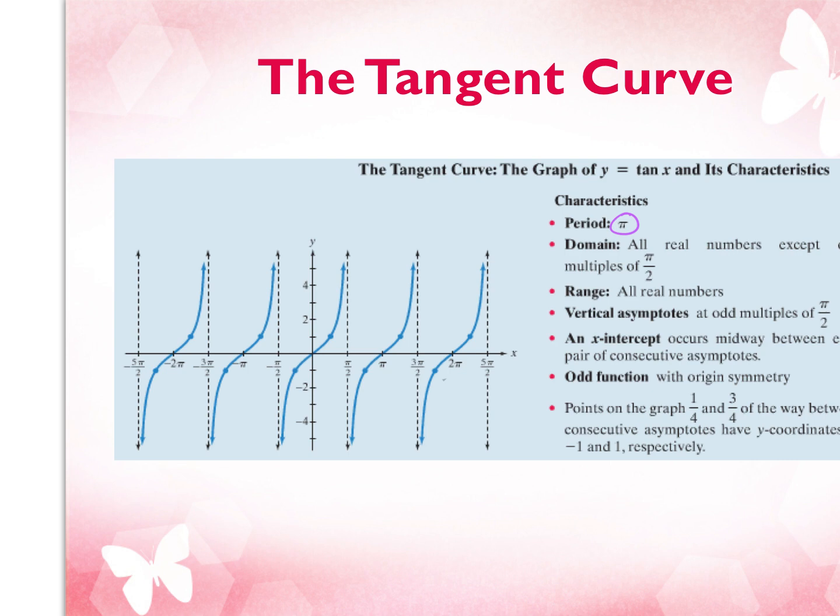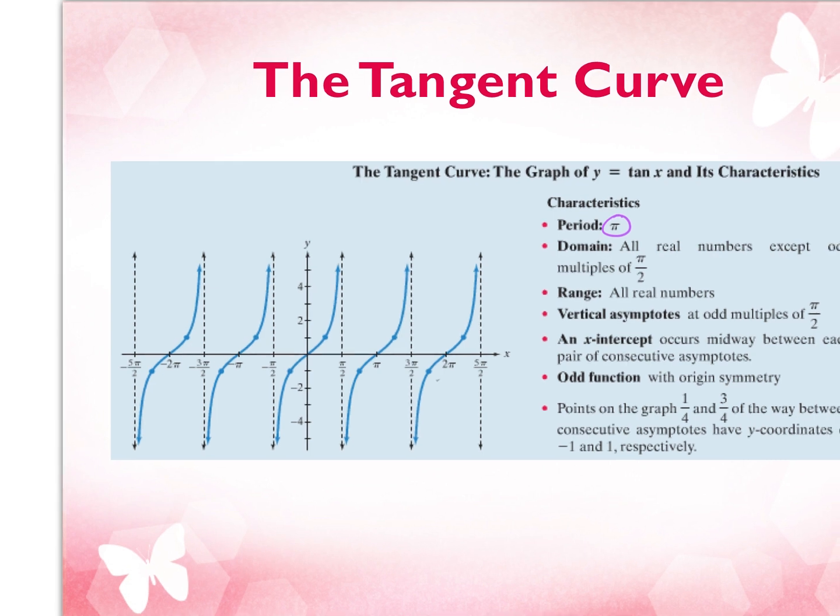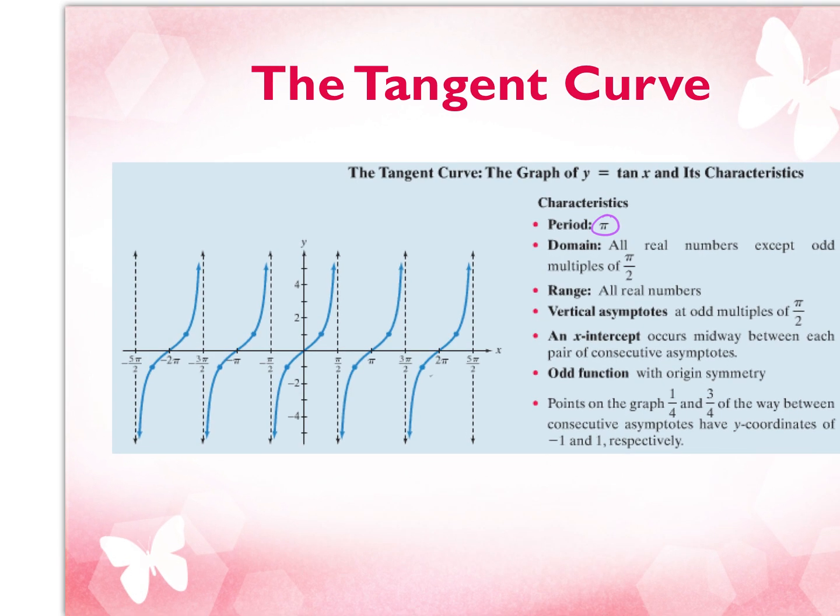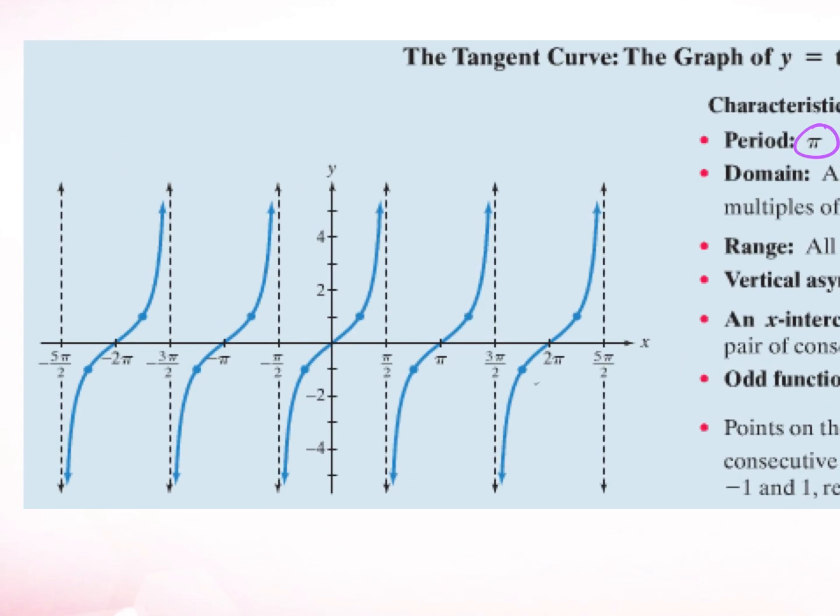But all right, so how do we come up with our values? How do we come up with our periods? Well, the amplitude's going to be the same. The absolute value of A is still going to be the amplitude, and it's going to be represented by those values here, like 1 and -1. So it's still important.